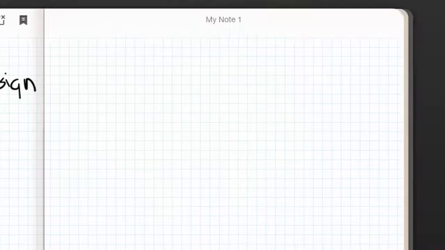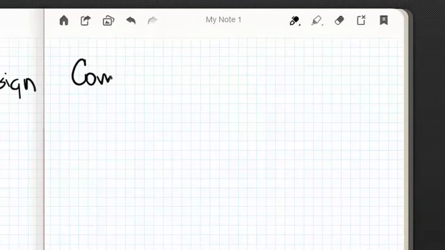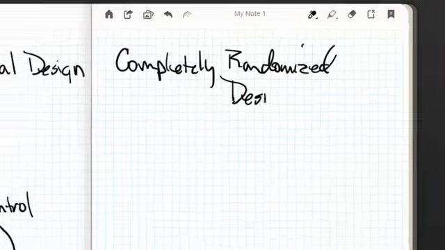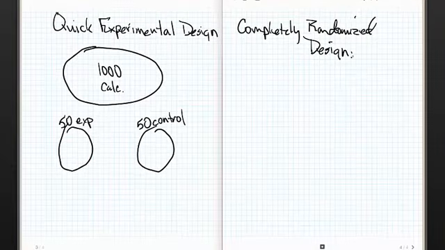Now one way to do this is called a completely randomized design, or experimental design. The way this works is really simple.